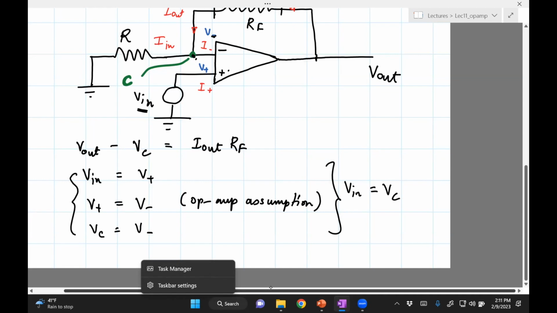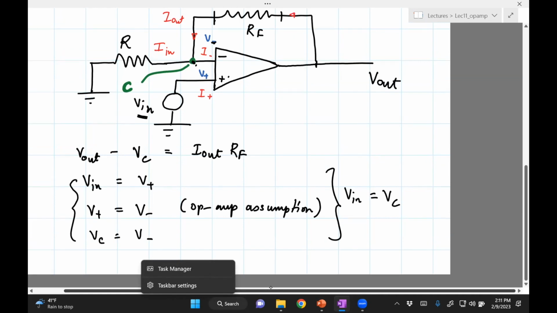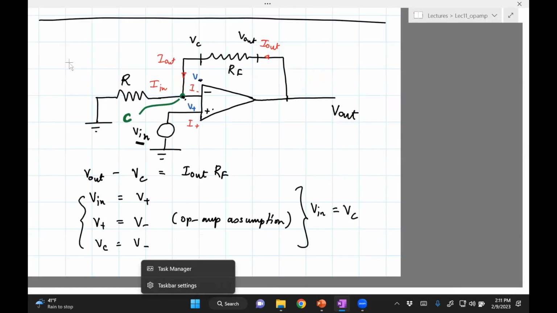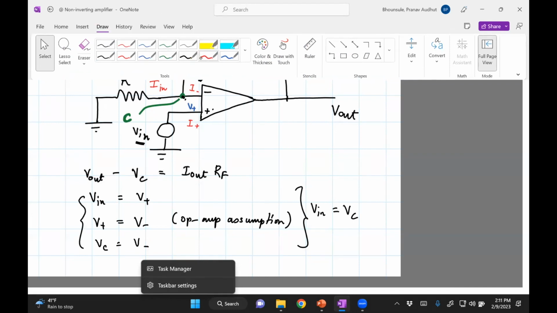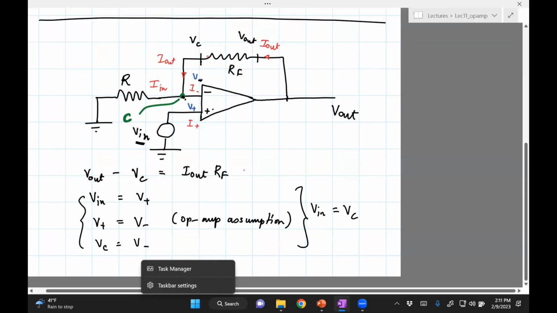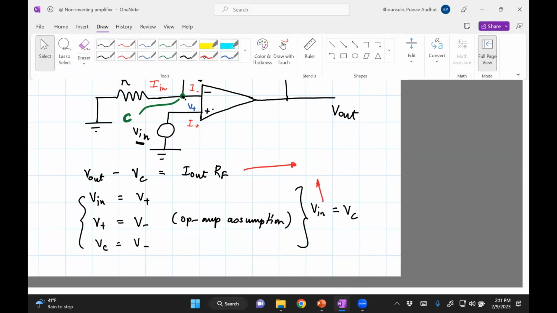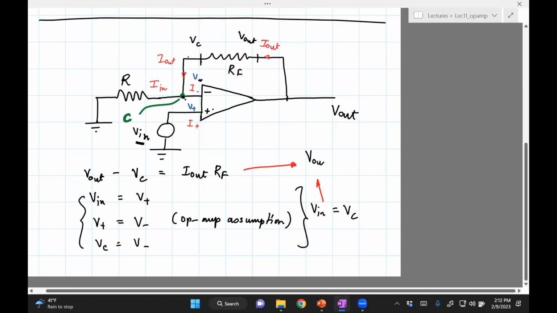Okay, so what I'll do is rewrite this equation. Let me just copy paste this again. This makes it easy to refer to. What we'll do is use this expression and this expression, and V out minus V in is I out RF.